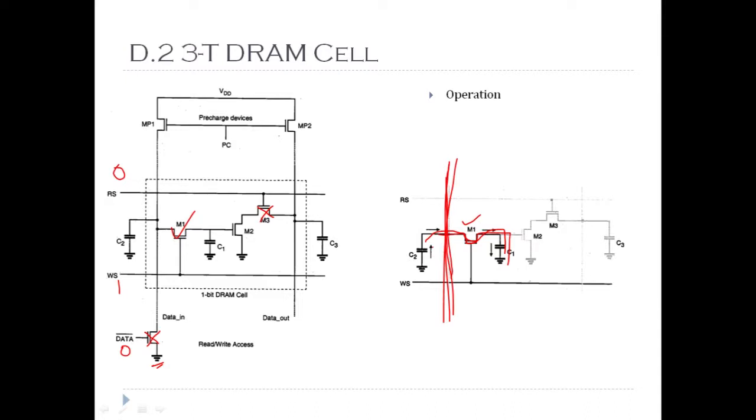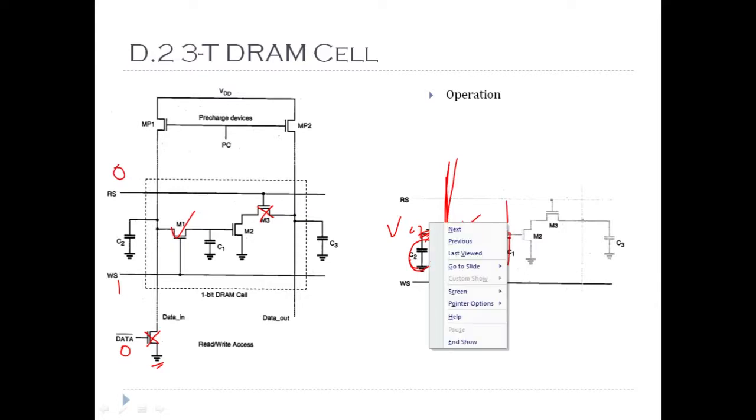Because this column has a very high voltage, represented by C2, that means the capacitor has a voltage close to VDD, and there is a short between C1 and C2, so they are connected in parallel. That's why C1 is charged through M1. So in this way, 1 is stored on this capacitor.